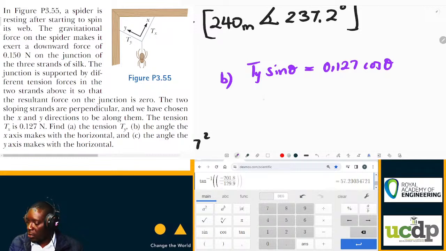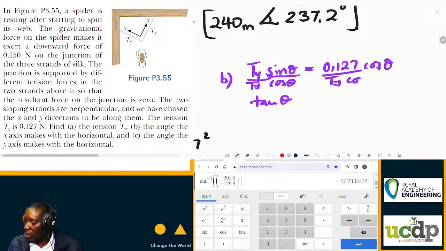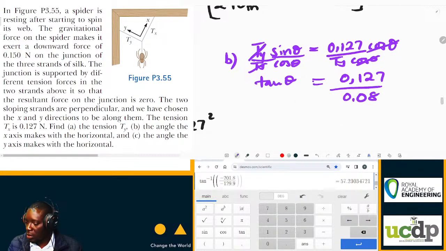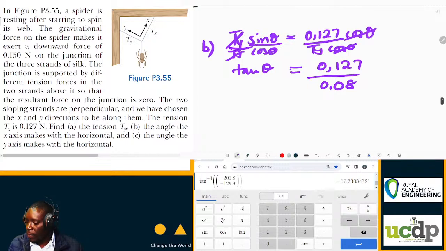Then sine theta over cos theta, tan theta, cross multiply, divide by Ty cos theta. We remove cos theta there, we remove Ty there, we remain with tan theta equals 0.127 over Ty, which is 0.08. That's all, yes.